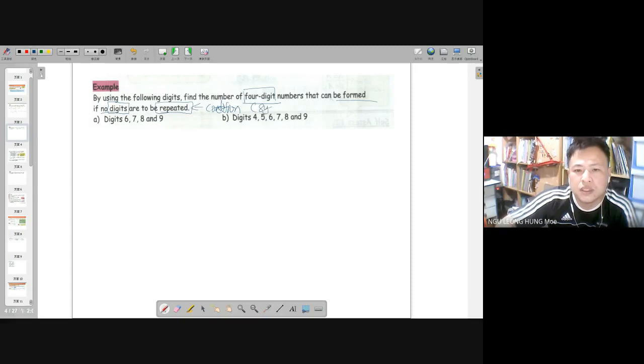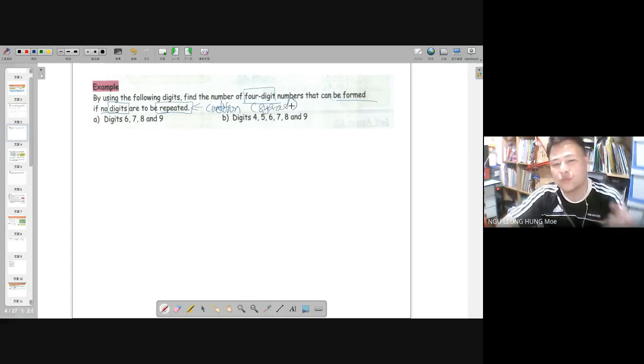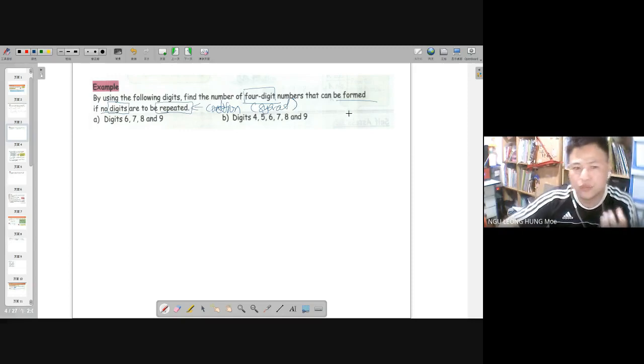That means syarat, we have to follow it. So look at the first example, A. We have 1, 2, 3, 4. We have 4 digits. So find the number of ways we can form with 4 digits.